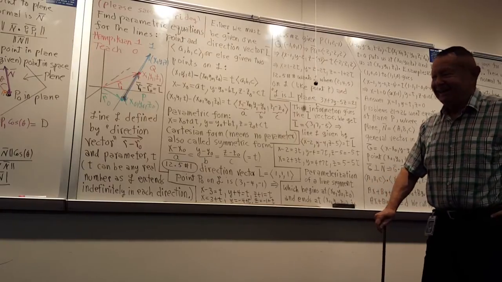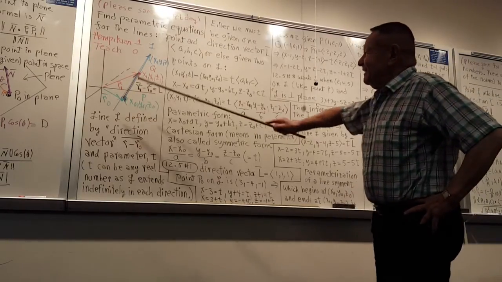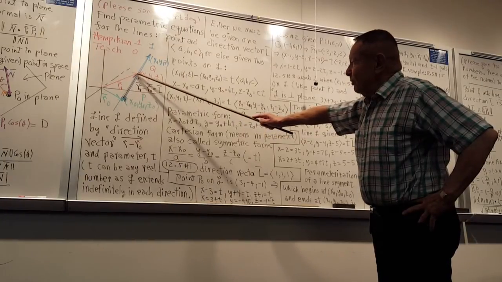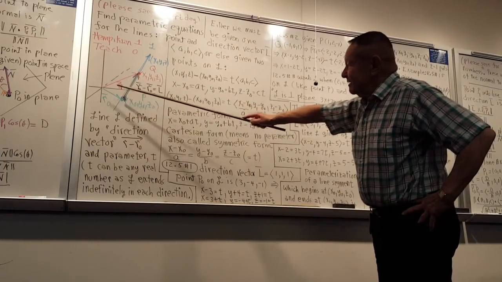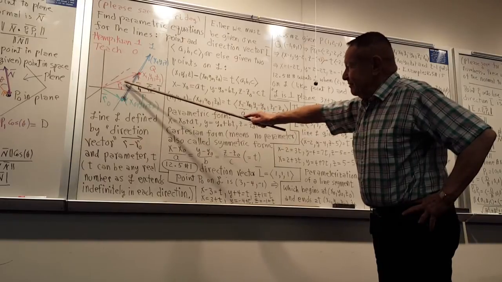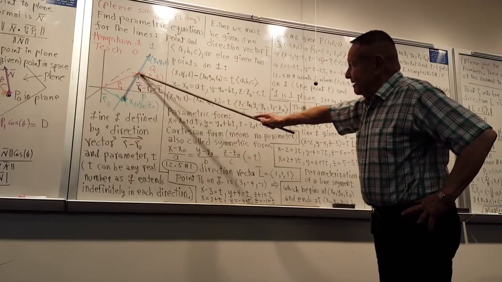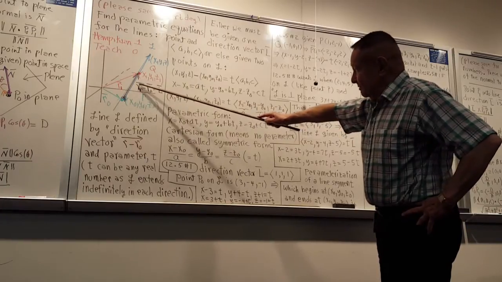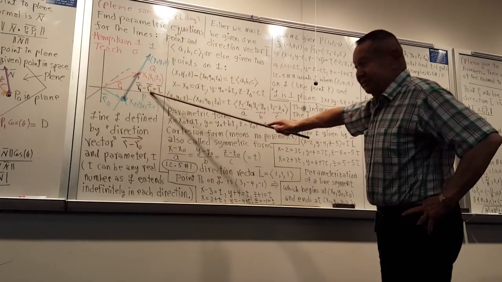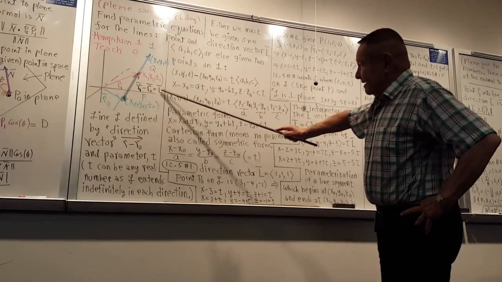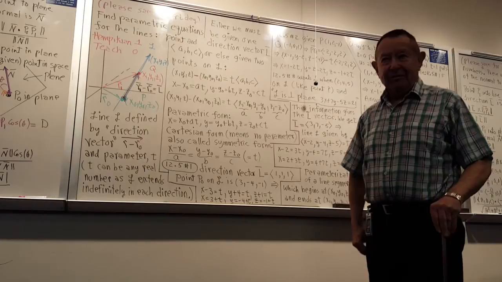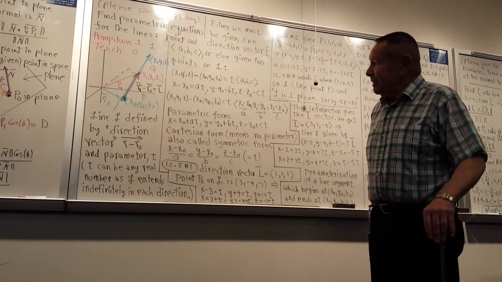You did actually. Yeah. Well, anyway, so if you know 2 points like this, specified by R0 and R1, then the third side of your triangle will get you the difference, R1 minus R0, which is the direction vector, or just simply the direction.